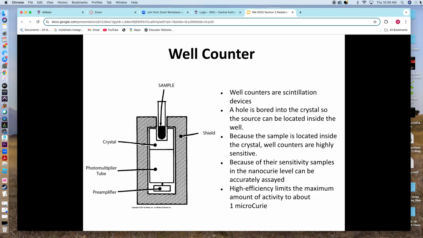It's a really gross process if you've ever done it. They shove it up the nose, and then they have these strings coming out, and they're all labeled. Your job is to pull those out and go measure those. It can be kind of nasty, but that's one of the ways we use a well counter, because again, we're trying to just find any detection of radiation coming through from leaks in those sinuses. So that's one where we use this on a test. But most of the time, it's your wipes and things like that.